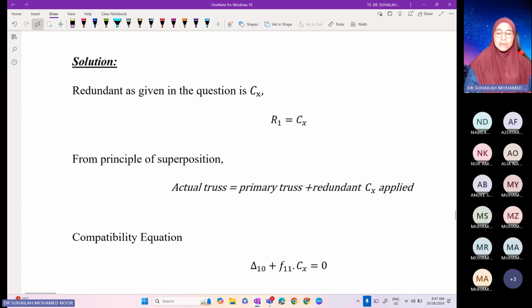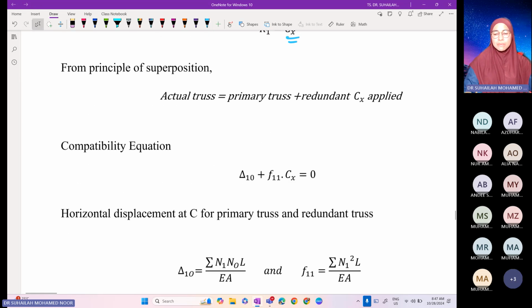Okay, so in this example, CX is chosen as the redundant. So removing CX from pin changes the condition of pin to roller. Okay, daripada pin jadi roller. So we write the principle of superposition by applying this general equation.